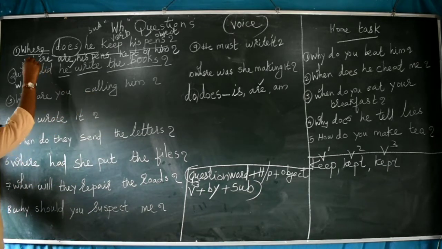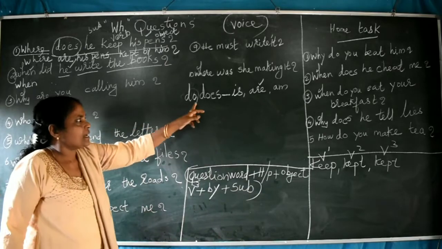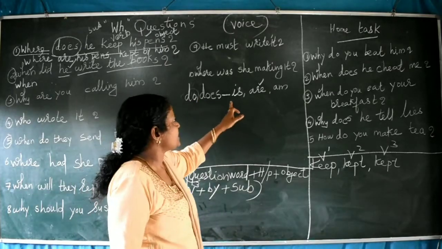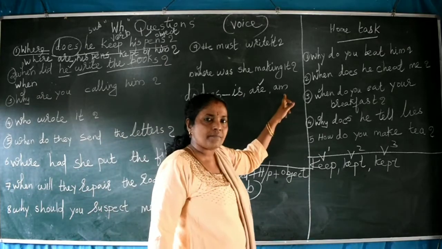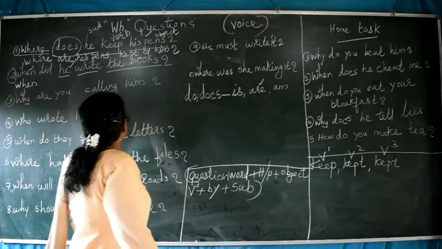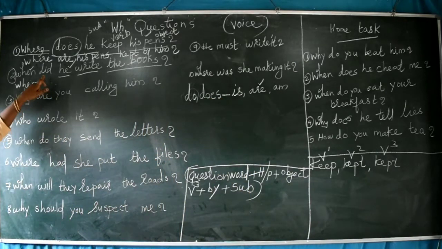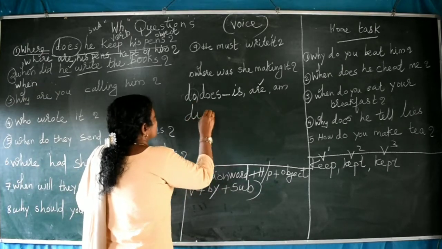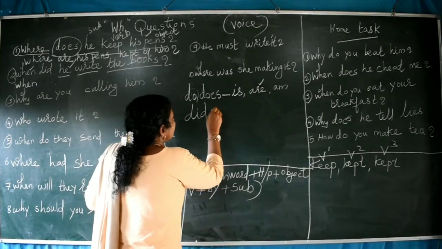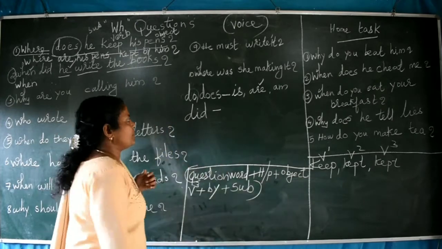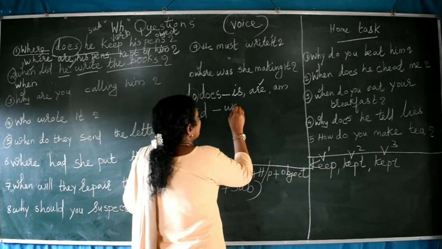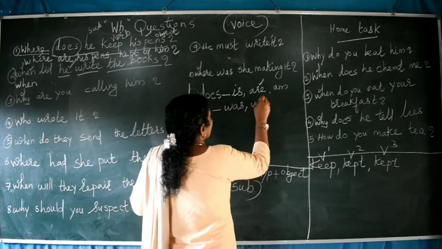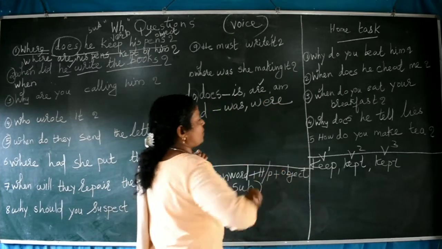Listen here. Do, does, I told you, is present tense. If it is do or does, is, are will be used. But here it is not do or does, here came did. So children, don't forget, for did we will use was or were in the passive form.